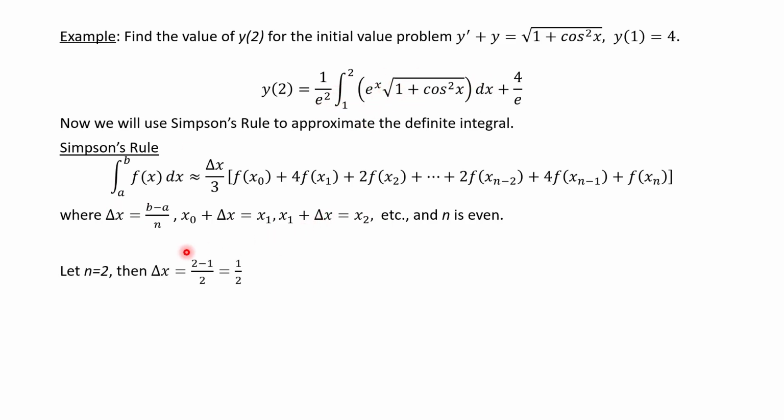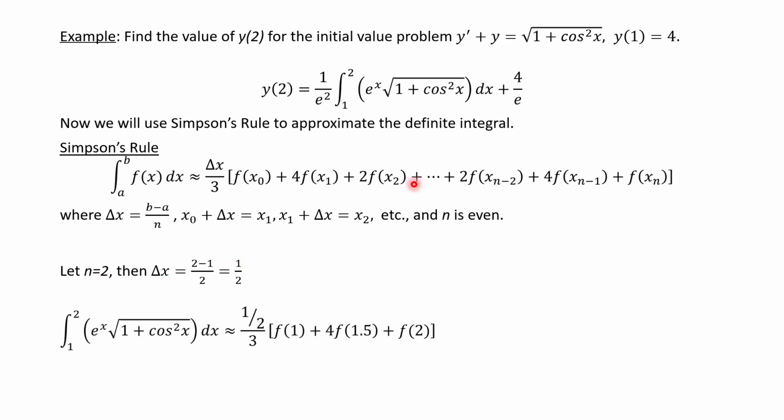And so for us, we're going to go ahead and let n equal 2. That gives us a delta x value of 1/2. And so our integral, so notice what y of 2 is. It's this quantity here, but I'm just focusing on only this integral. So I'm going to add in this 1 over e squared later, and this plus 4 over e also later.